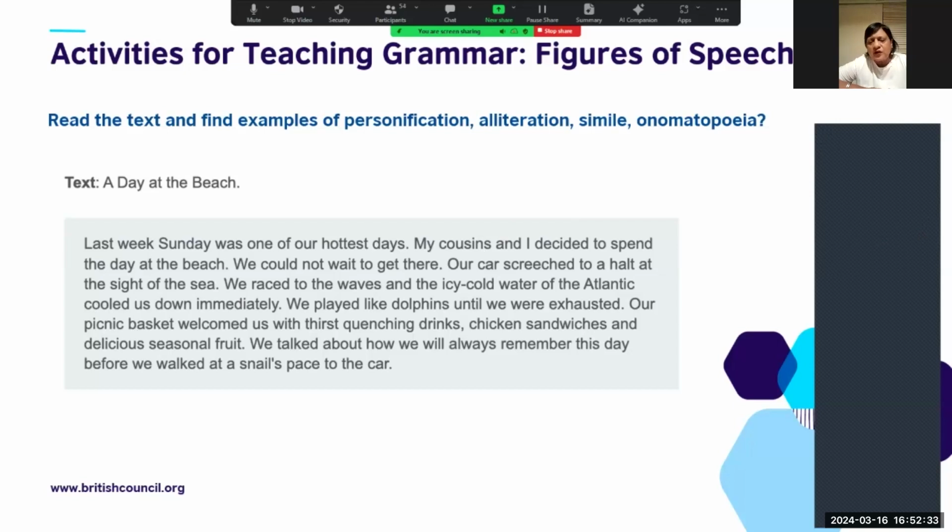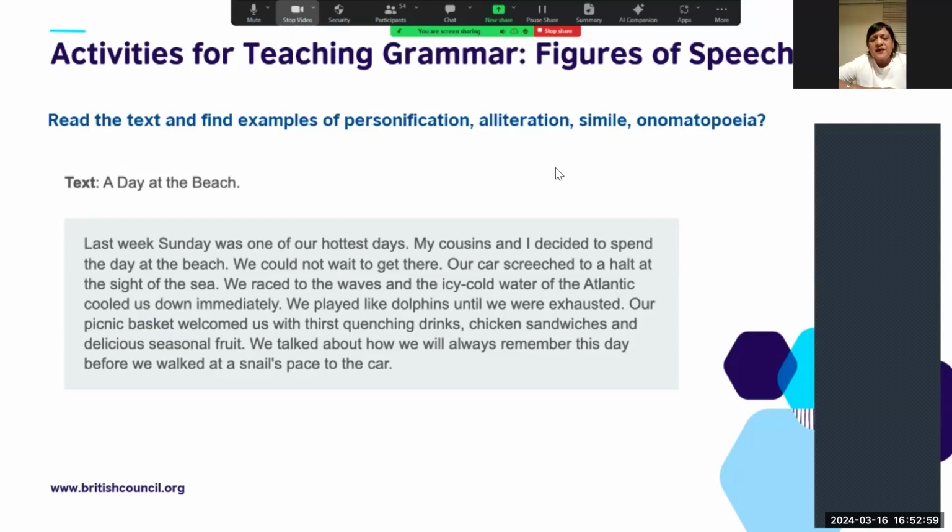When you come across a figure of speech, you ask them, what do these words say? What do they mean? For example, if this is not in the text, but if we say it's raining cats and dogs, we actually mean it's raining heavily. So you can flip the lesson and teach it from the context of the actual text that we have.